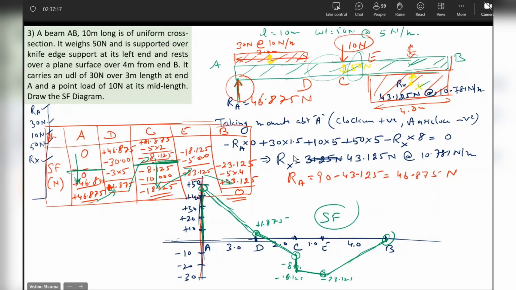But I have put in all this effort onto SF for the simple reason that if SF is clear, BM would follow. But if SF is not clear, BM is going to be wrong.